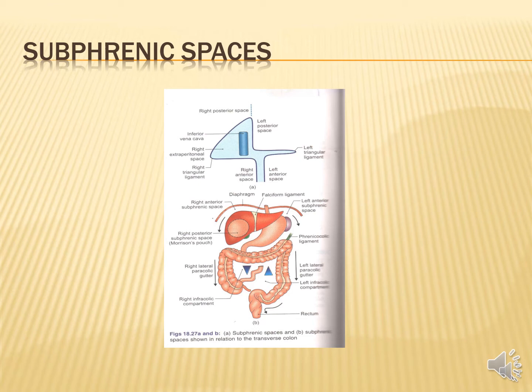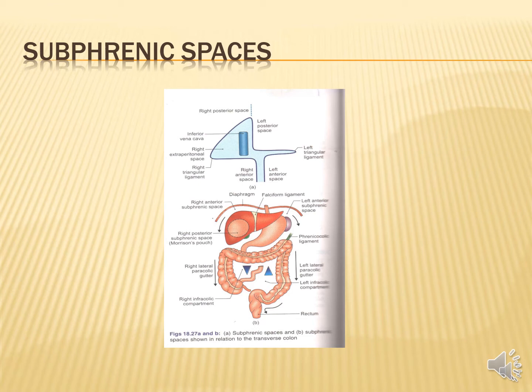Then in the diagram given below, we can see how the infracolic compartment is divided into right and left parts by the oblique orientation of the root of mesentery. And we can appreciate small blue colored triangles. The right infracolic space is a triangular space with its apex directed downwards, whereas the left space is a triangular space with its apex directed upwards.